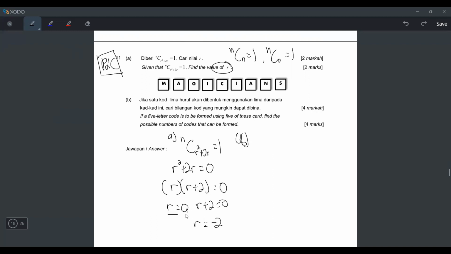Okay, do I have to reject one of these answers? Let's try. nC r squared plus 2r. What if it's 0? So 0 squared plus 2 times 0, so it'll be nC0. So 0 is one of the options, but negative also can, because if r is negative 2, then r squared plus 2r will be negative 2 squared plus 2 times negative 2, which is 4 minus 2, nC2.